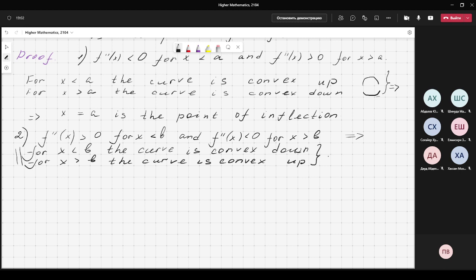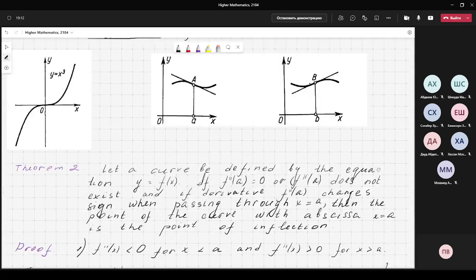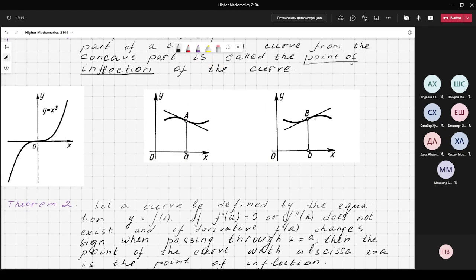Hence, the point, in this case B, of the curve with abscissa x is b is the point of inflection.